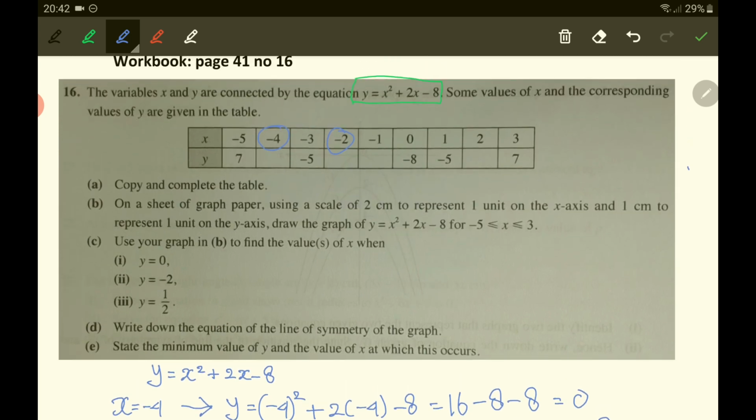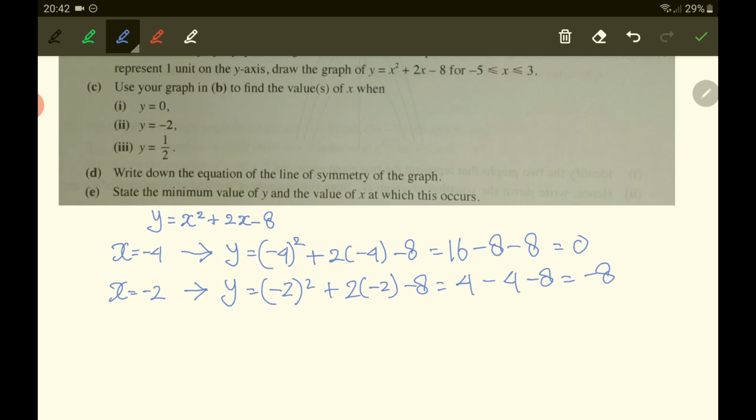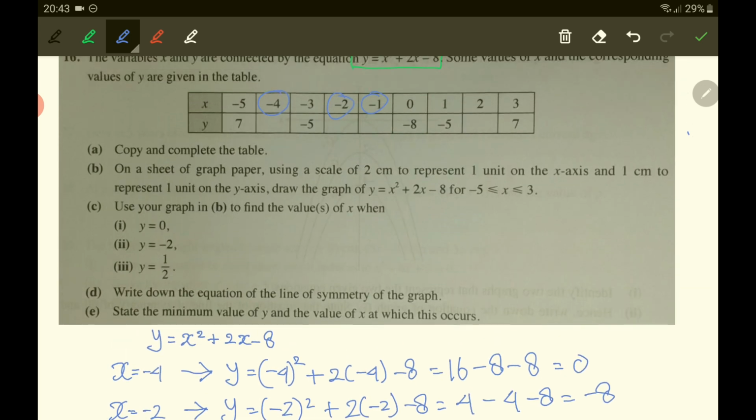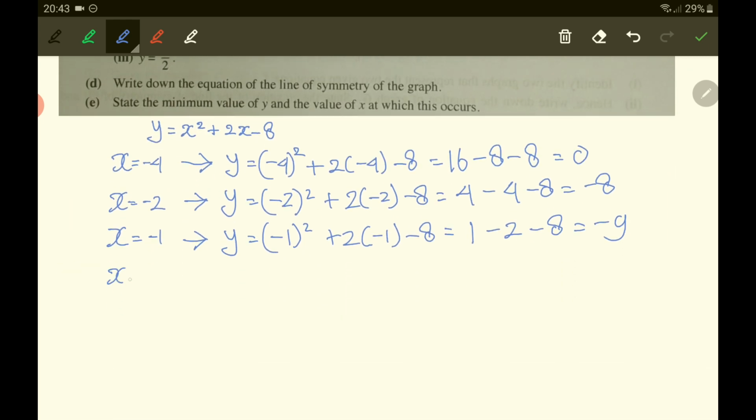Now, when x equal to minus 1, y equals minus 1 squared plus 2 times minus 1 minus 8. So this is 1 minus 2 minus 8, which is minus 9. And then next, when x is equal to 2, y equals 2 squared plus 2 times 2 minus 8.